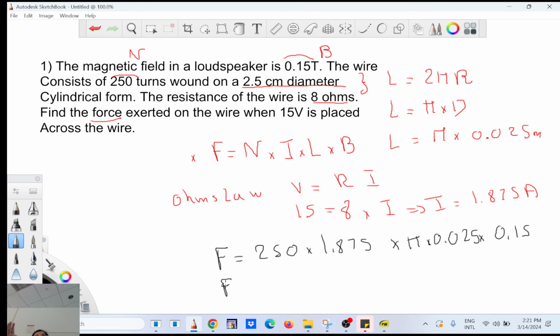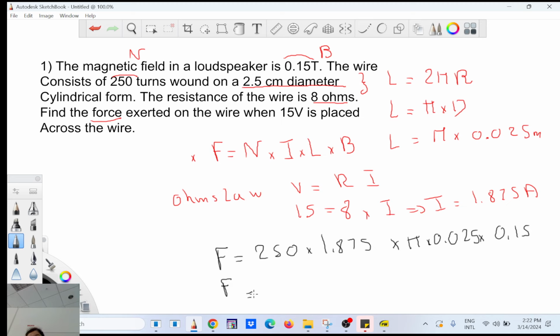Okay, so a coil inside the magnet will be pulled or pushed. Because it's a speaker, so electricity flows in and out, in and out, in and out. So the coil will be pushed and pulled, pushed and pulled at the same frequency as the current, which has the same frequency as the sound that you want to produce. So that's how a speaker works.